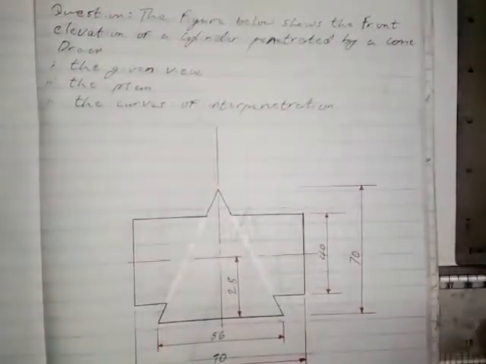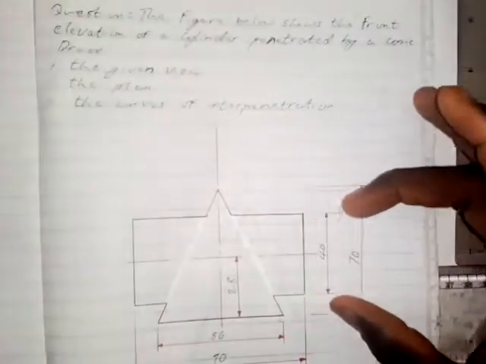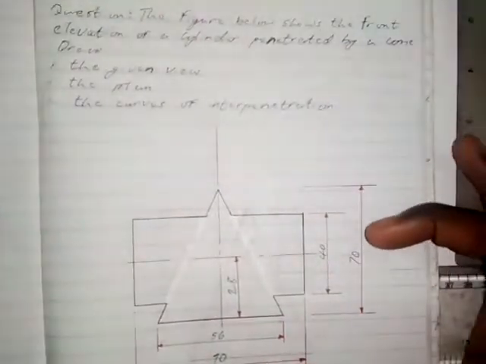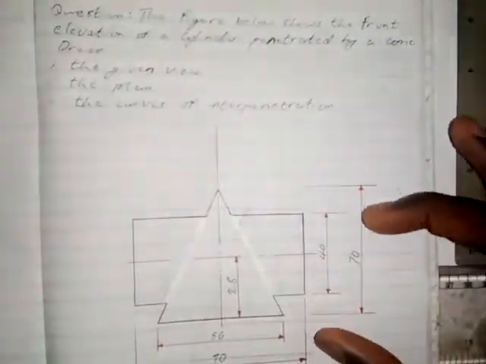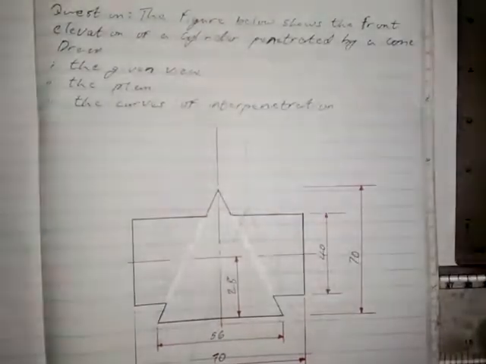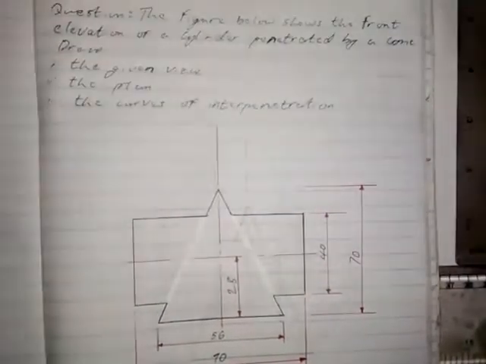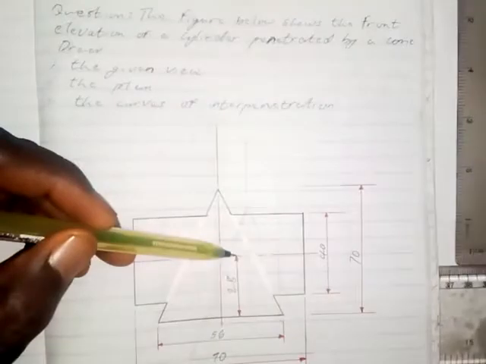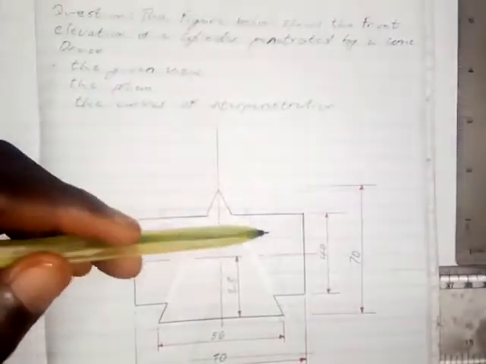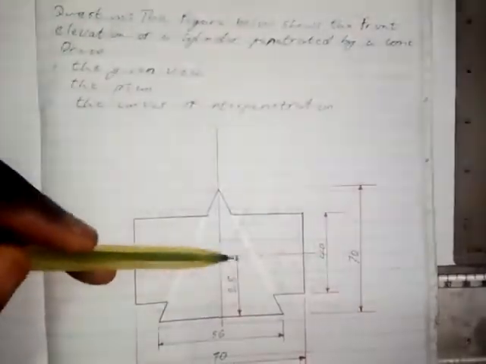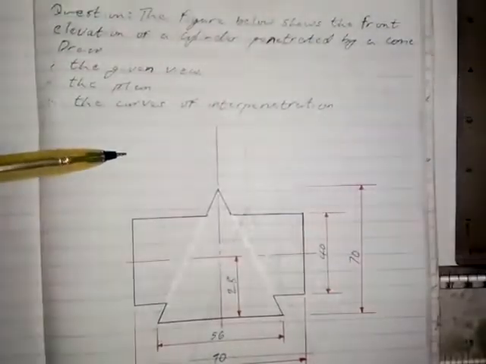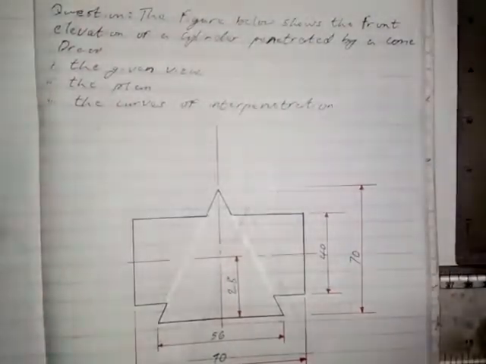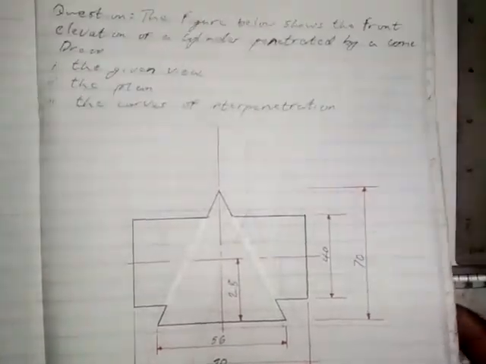For the cylinder, the diameter of the circular part of the cylinder is 40 millimeters, and the length of the cylinder is 70 millimeters. And here we have the distance of this center line from the base of the cone is 28 millimeters. So we are asked to draw the given view. This is the given view, and we are going to draw the plan, and also we'll draw the curve of interpenetration. Now, let's look at what we need to do here.